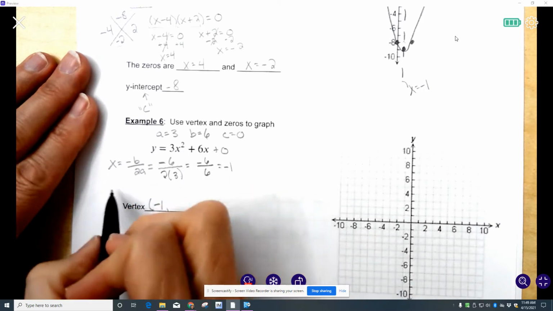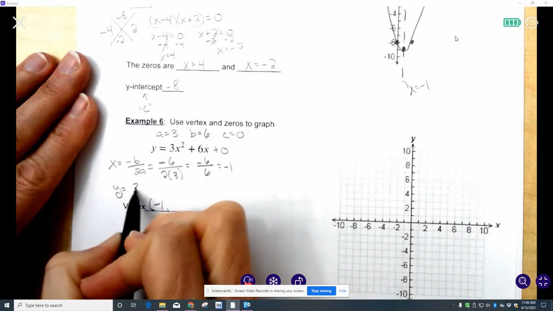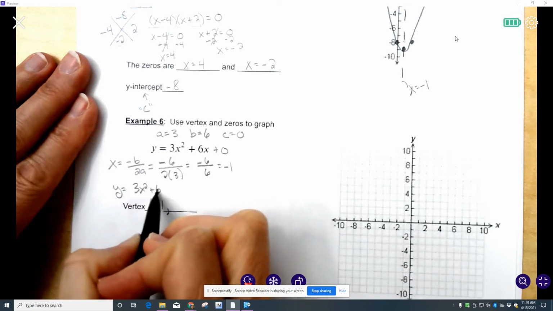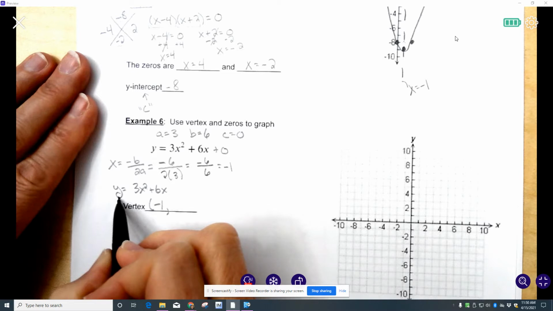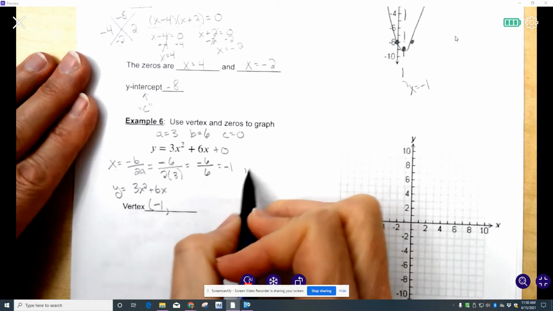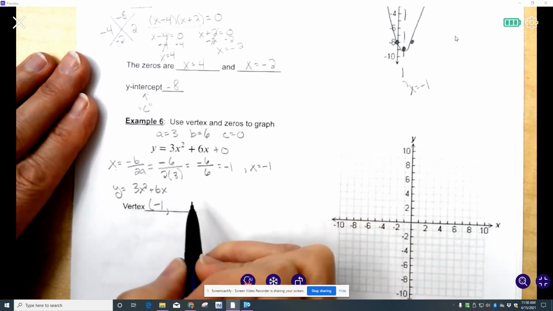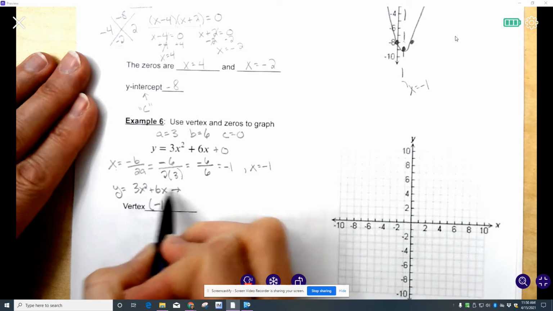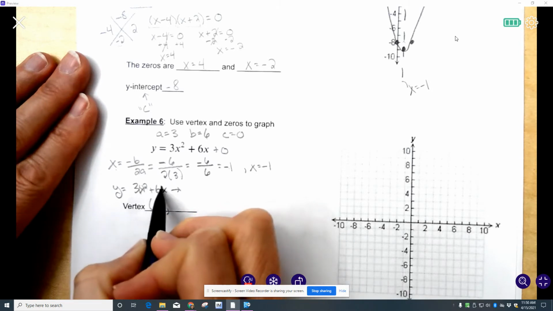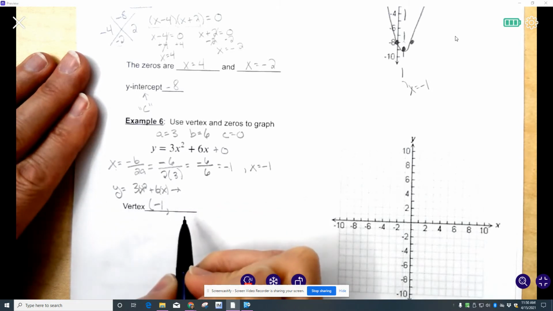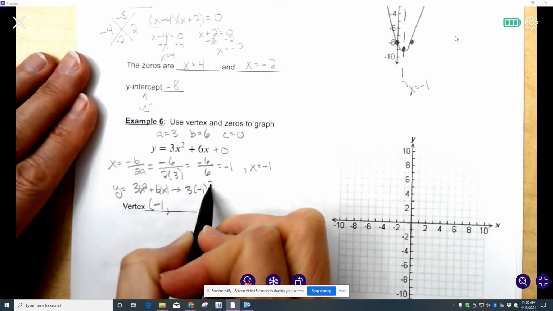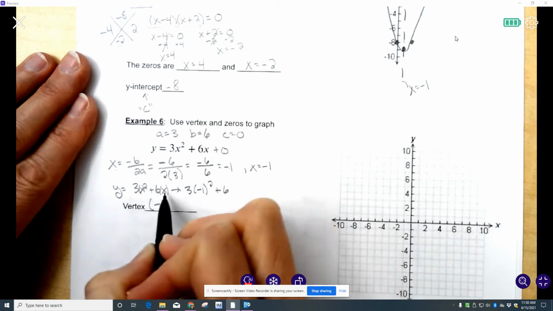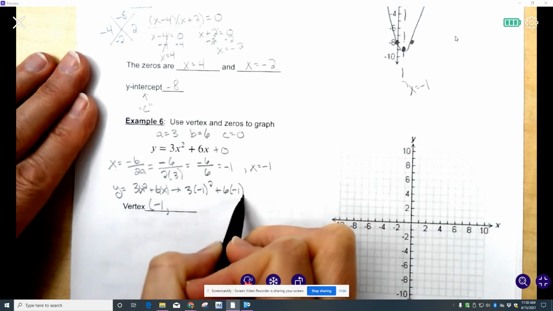y equals 3x squared plus 6x, but I want to find out the y value when x is -1. Remember, this means x is -1. So I'm going to substitute -1 in wherever I see an x. So I'm going to have 3 times (-1) squared plus 6 times (-1).